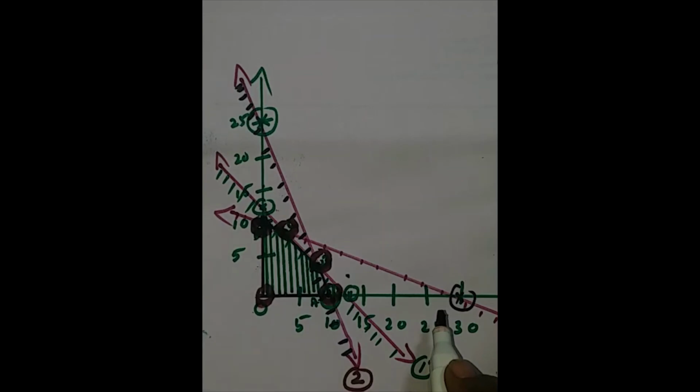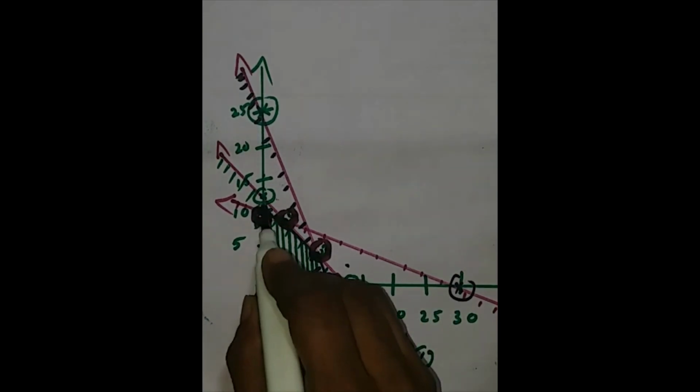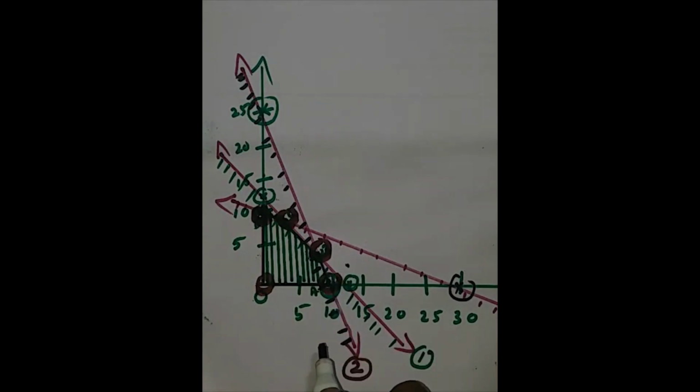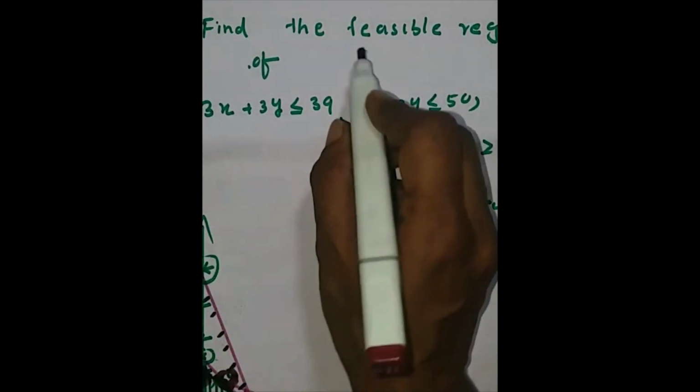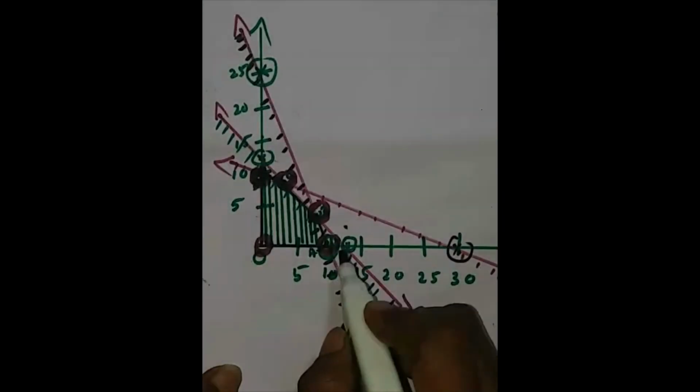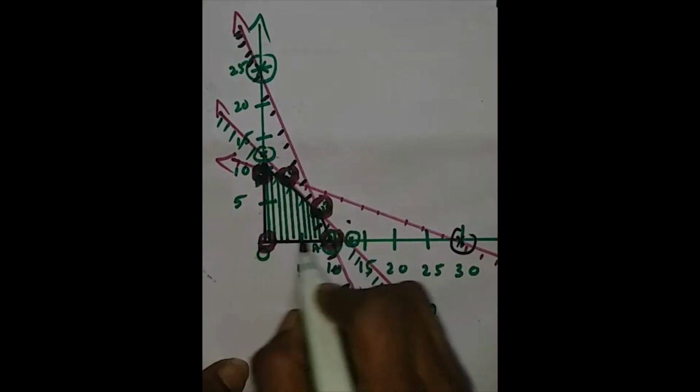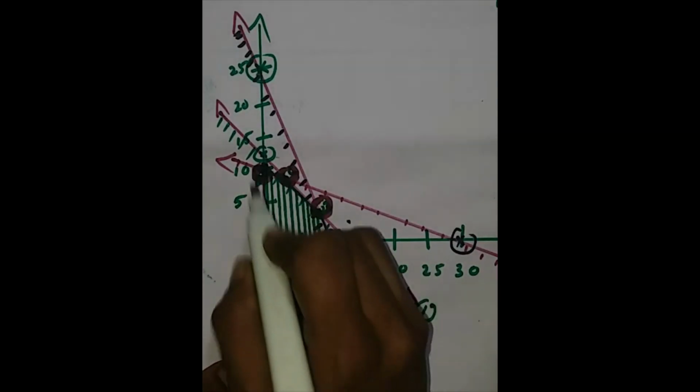Now when we solve an LPP, our answer will be in one of the vertices. In this question, it was only to find the feasible region of 3 inequalities. The feasible region of these inequalities is this entire pentagon, including the borders.